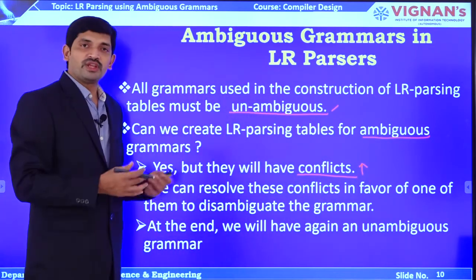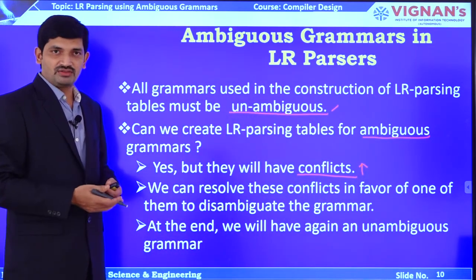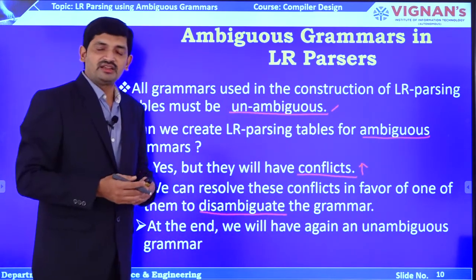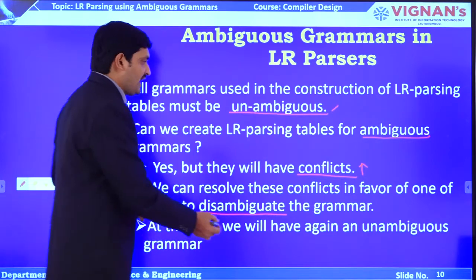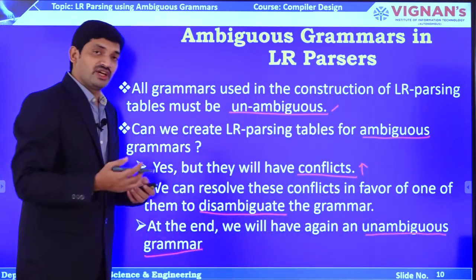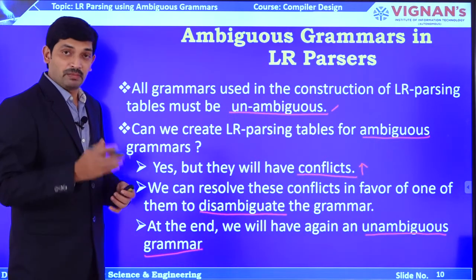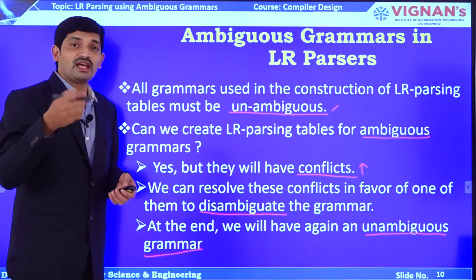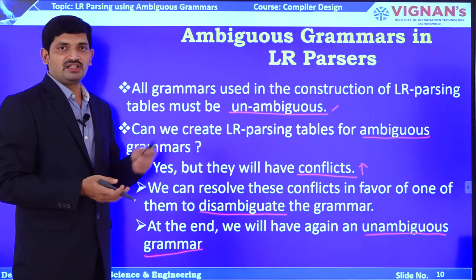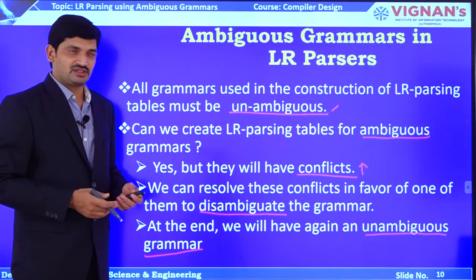So we can resolve the ambiguous nature of the grammar by disambiguating the grammar. Then finally we again get an unambiguous grammar. That means the input may be an ambiguous grammar, but we unambiguate it, and finally it is an unambiguous grammar, which is parsed on the LR parsers.